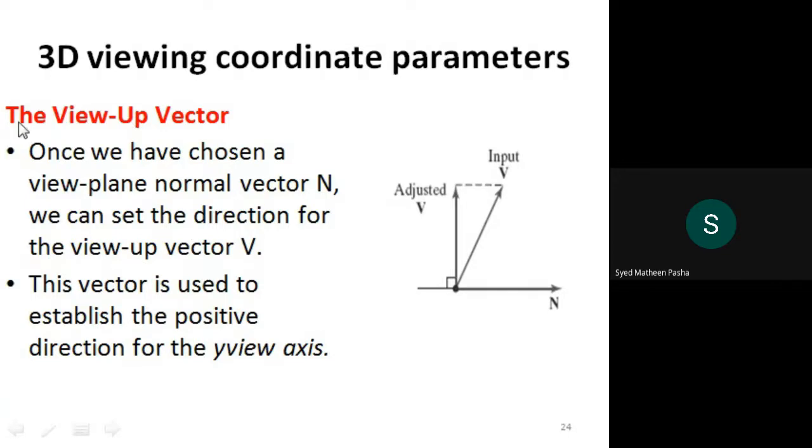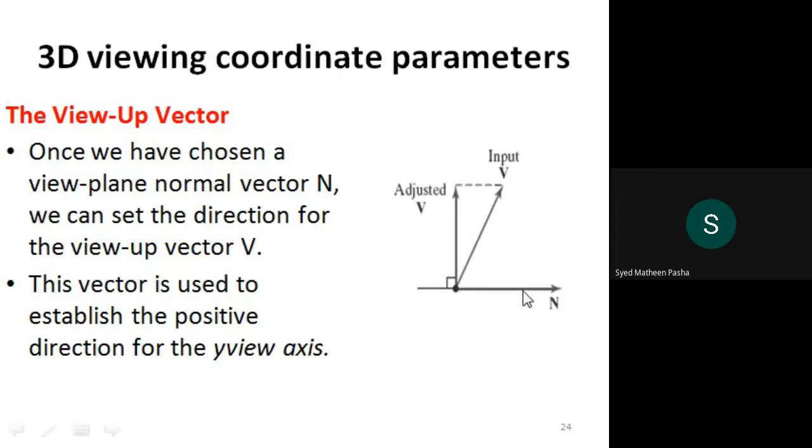This kind of vector is basically used to give the direction. I can say it gives a positive direction for the representative axis. Suppose there is an xy axis represented here. This is the input which is represented as v. This is n, the direction of the normal vector given here. With the help of this, you can find out the direction with the help of the normal vector n.